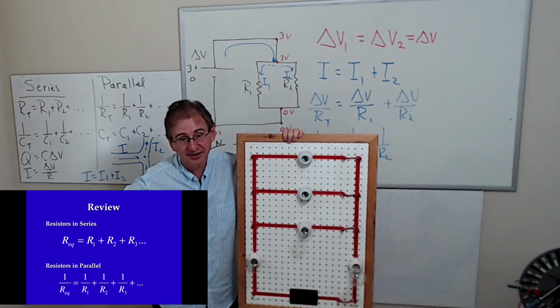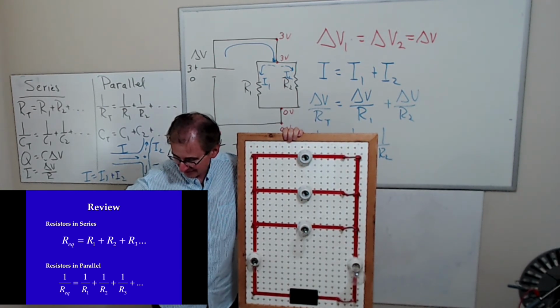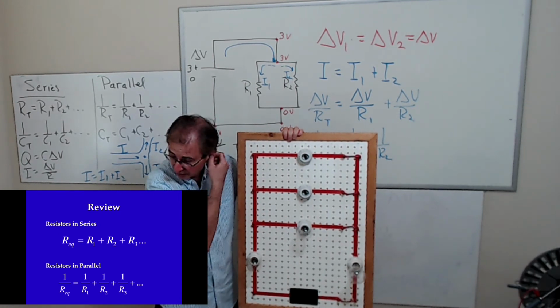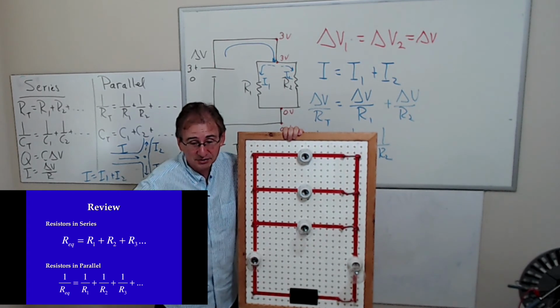Which one will be brightest? Anybody want to answer that question? And this is plugged into the wall, so I'm putting 120 volts into my system. Which one's going to be brightest?